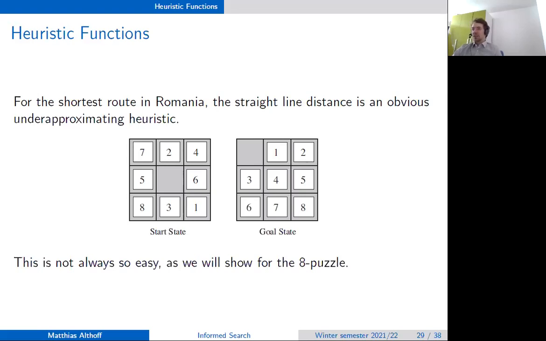And if you looked at the map of Romania, then the straight line distance kind of makes sense, and you can easily come up with this idea. However, with the 8 puzzle, it's much more tricky. So how do you find an under approximation of the costs to get from this state to this goal state? Does anybody have an idea what we can do?